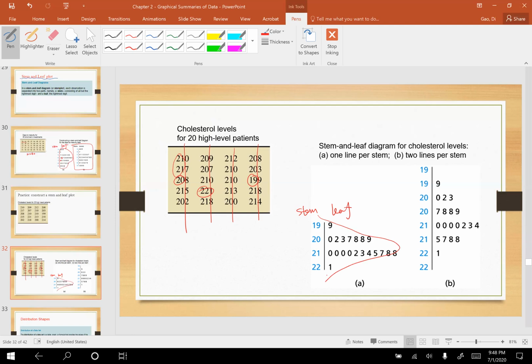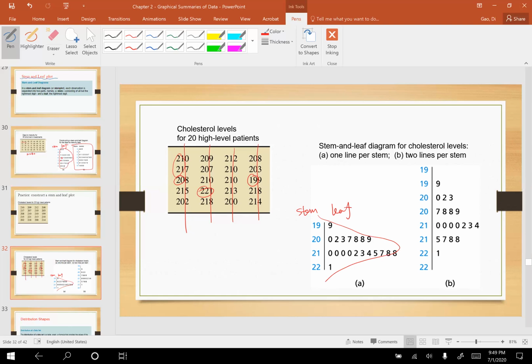But if you look at the shape of the data set, it's kind of too narrow. What if we want to spread it out and make the shape clearer? Then we do 2 lines per stem. So we can do 2 19s, 2 20s, 2 21s, and 2 22s.